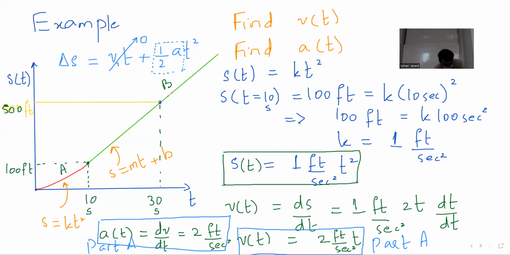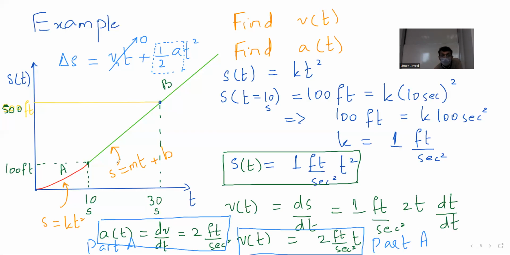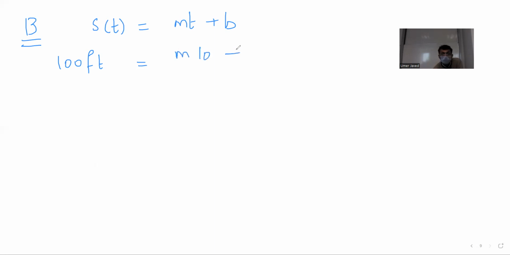Okay, let's do it together. S equal to m t plus b, and I have leg B. S is 100 feet equal to m multiplied by 10 seconds plus b.